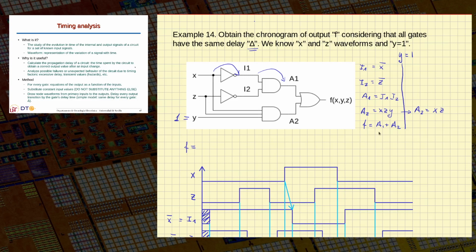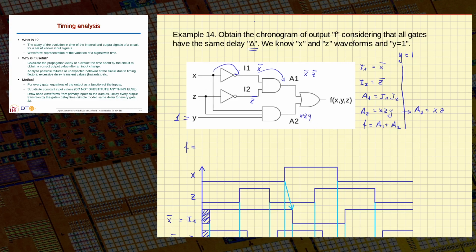So to make the functional analysis, we just make the substitutions. It means a1 is x complemented, this is z complemented, so a1 will be x complemented and z complemented, a2 will be x and z as before, because y is equal to 1.